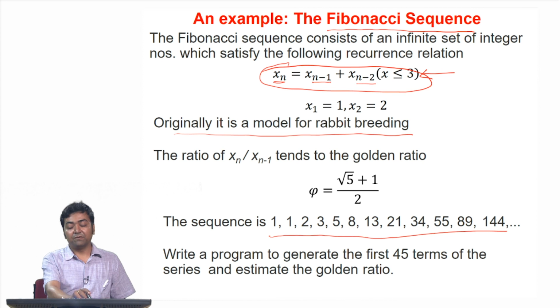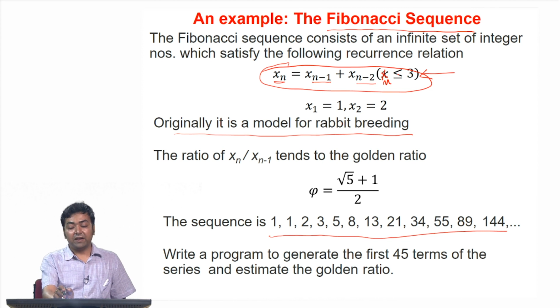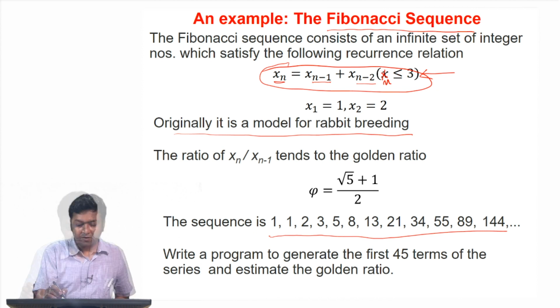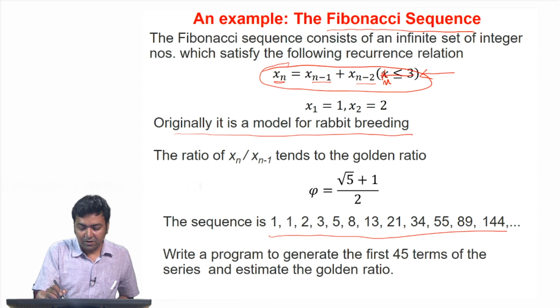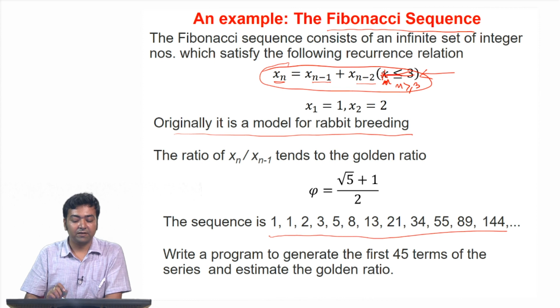So, this puts a restriction on the value of n. Sorry, this will not be x, this will be n. The restriction is n greater than or equal to 3. I am sorry for the mistake in the slide.